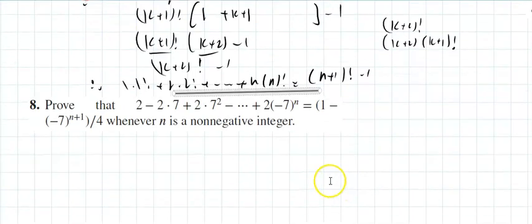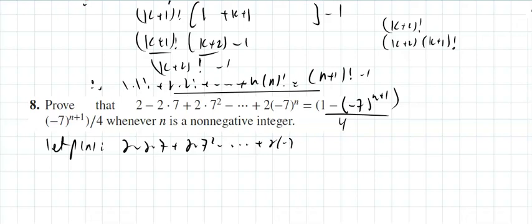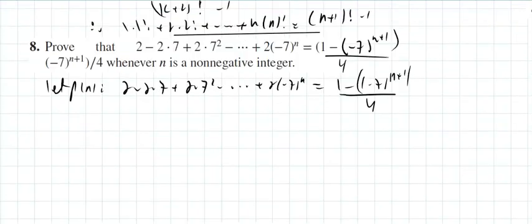Alright. If I look at number 8, so let me write this here, negative 7 to the n plus 1 over 4. So let P of n be the statement. Alright, so if I look at non-negative integers, I'll show P of 0.